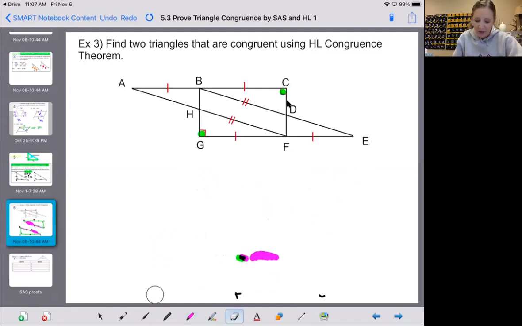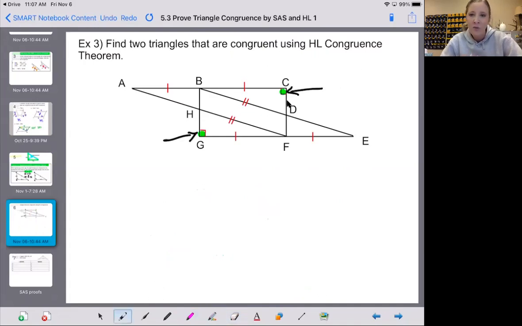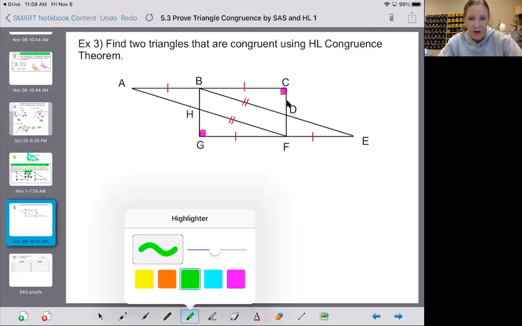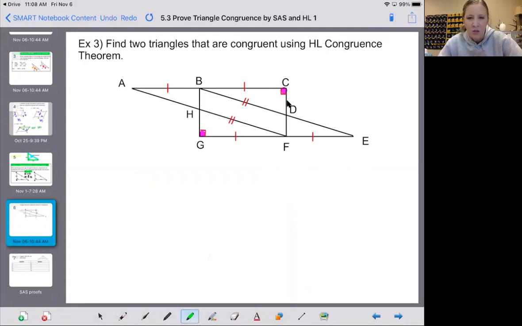Now, I still like how I marked these right angles because I know I'm going to need those to use hypotenuse leg. So let me go back through and mark that. I'm still going to try to use those right angles, but instead of doing that larger triangle we were just looking at, what if I do just this little triangle right here and compare it to this one right here?